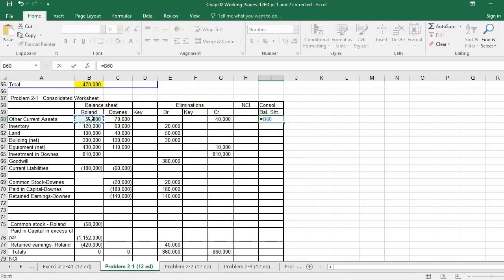So now you can add this across. So plus the 50, plus 70, minus the 40. This one is a debit, plus a debit, plus a debit. This one I can just copy down.